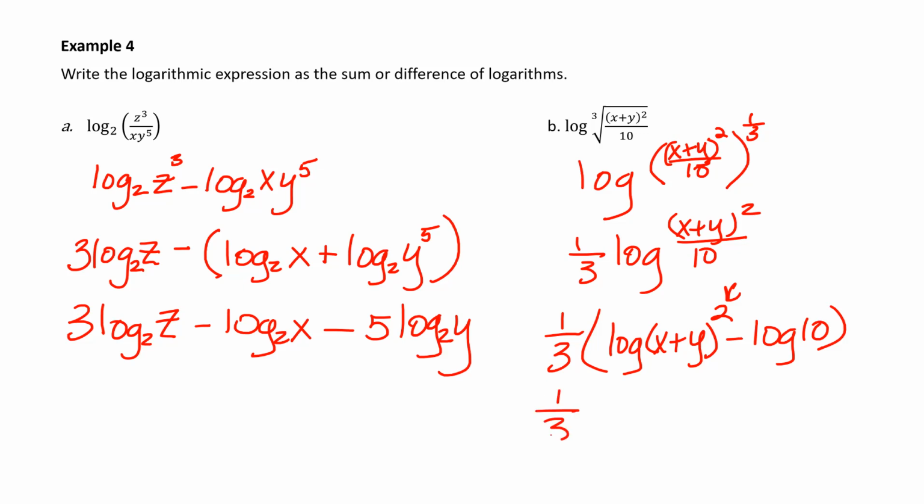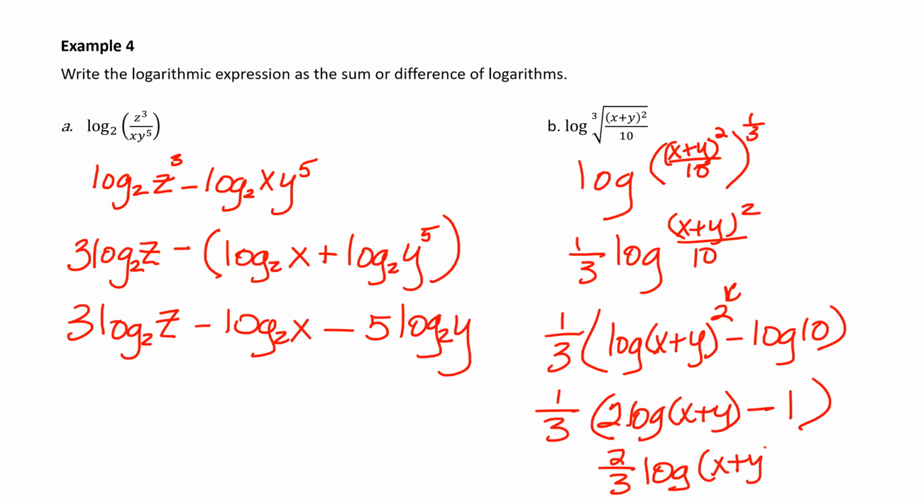So I would have 1/3 times 2 log x plus y minus log of 10. And since that's a common log, we're asking what exponent do you put on 10 to get 10? And that exponent would be 1. All right, so now we could distribute that 1/3 and make it 2/3 log x plus y minus 1/3.